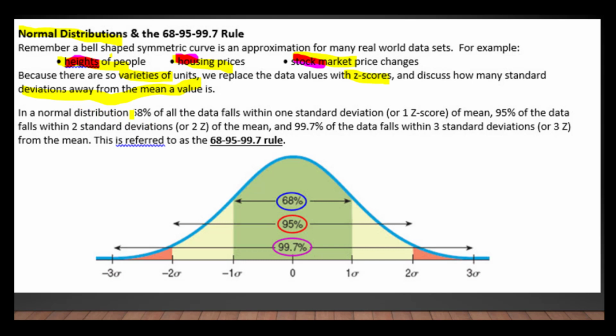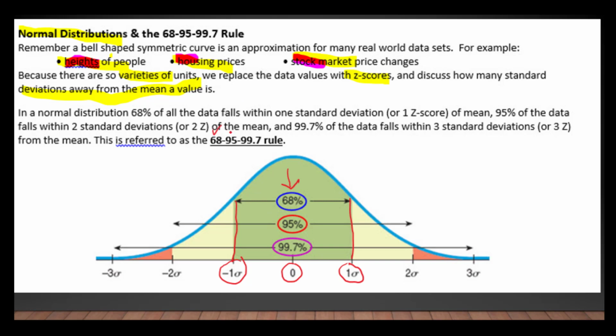So in a normal distribution, 68% of the data, which is right here, will fall within plus or minus one standard deviation, or z equals 1 to z equals -1 of the mean. This here is the mean, 0 standard deviations. So that's the 68.